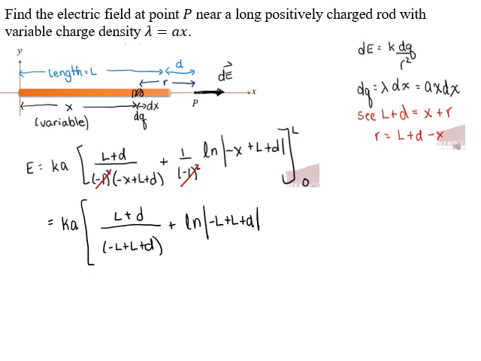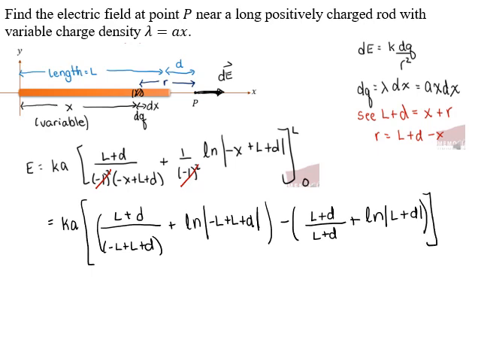Let's put a bracket around this guy. And then we're going to subtract the x equals 0 term. So we've got (L plus d) divided by (0 plus L plus d), plus natural log of (0 plus L plus d). Okay, so there's our next line. Remember to close our brackets.